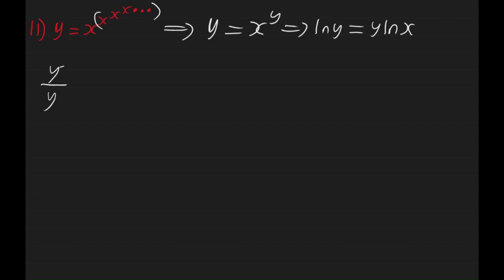Y dash. We don't have to write ln e, and that's equal to y ln x, which is a product rule. So the first multiplied by the derivative of the second plus the second, which is ln x, multiplied by the derivative of the first. What is the derivative of y? It's just y dash.